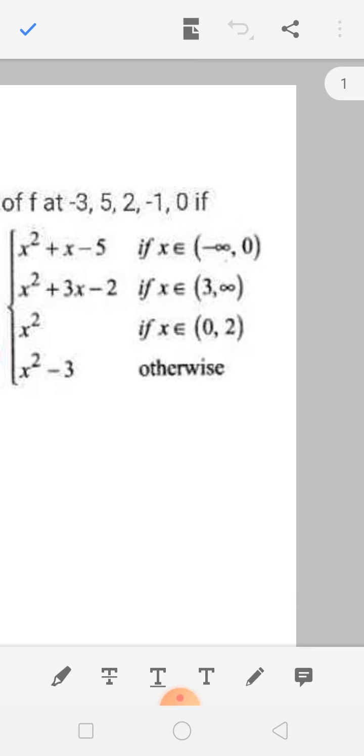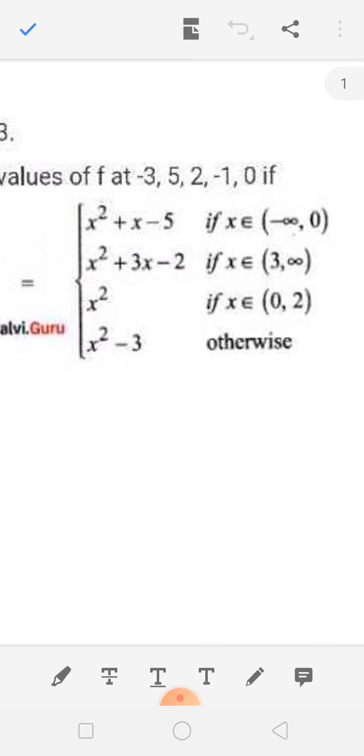Now look at the first sum. Write the values of f at minus 3, 5, 2, minus 1, 0.